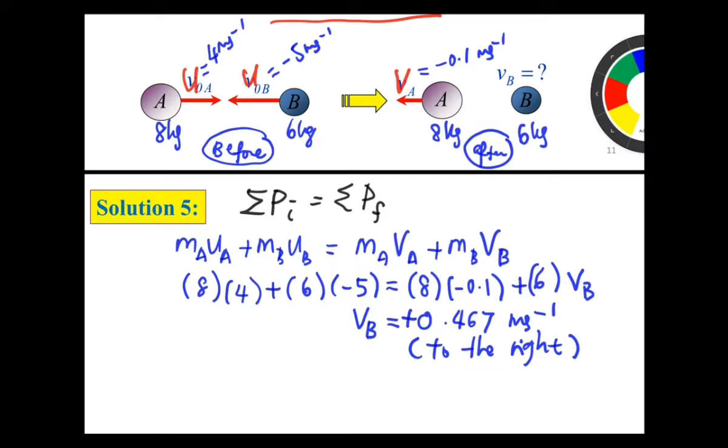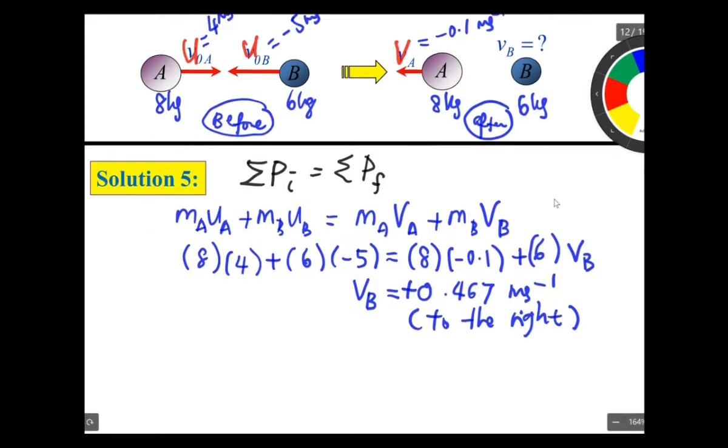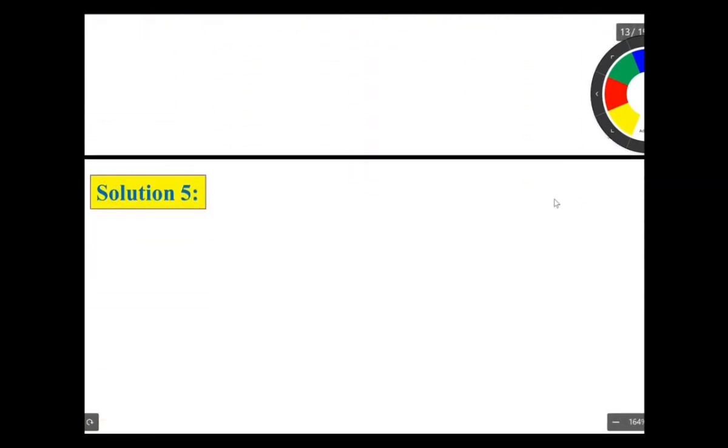Question 2, disuruh show the collision is inelastic. So kita akan guna the total kinetic energy. So kalau inelastic, total kinetic energy initial tak sama dengan total kinetic energy final.